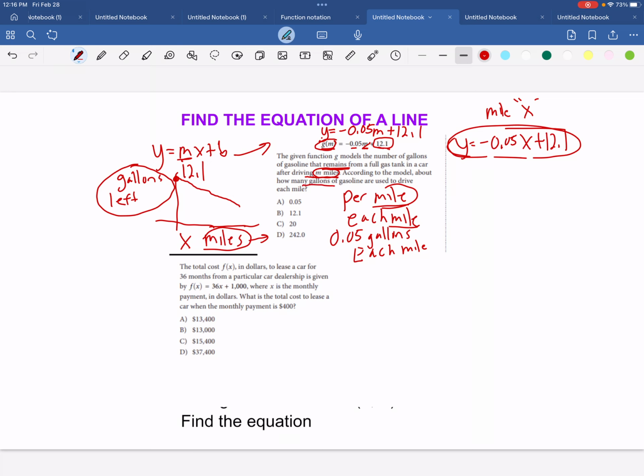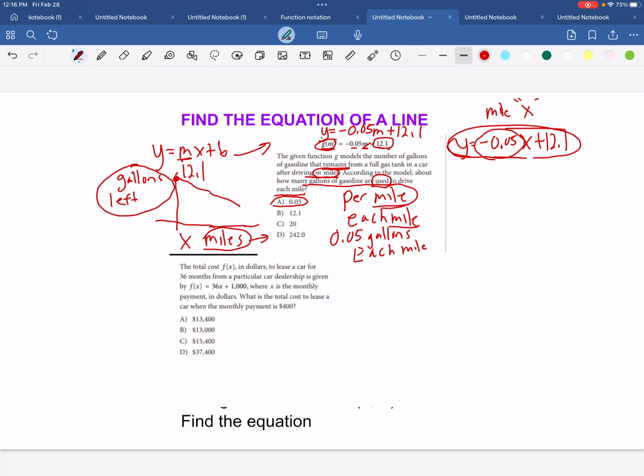So how many gallons of gasoline are used to drive each mile? Well, you can see that every mile it's using up this much gas. But why is there no minus? Well, in the equation, the minus is telling us that we're losing gas. It's taken away. The question is asking how many are used.